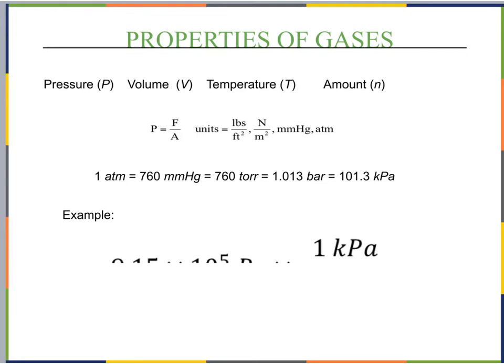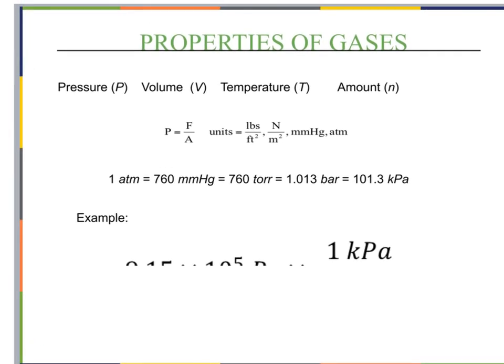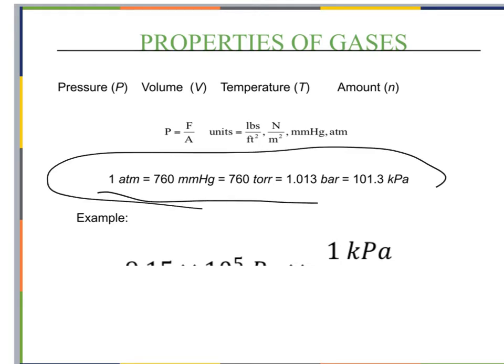pressure, generally we like to work in atmospheres, but one atmosphere has multiple conversions, and so this one atmosphere allows us to look at either millimeters mercury, torr, bar, or kilopascals.